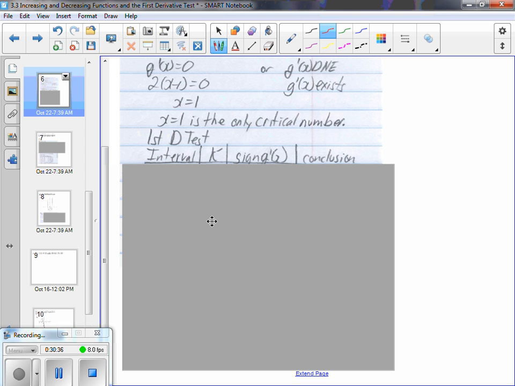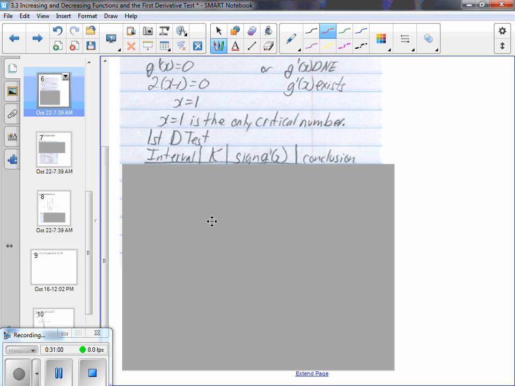Now, our interval. We want to write down intervals where our function is strictly monotonic on each interval. Since the only time the derivative can change sign is at x equals 1. Are we all clear that's the only time the derivative can change sign? Okay? Because it can't change signs unless it's at a critical number. All right?